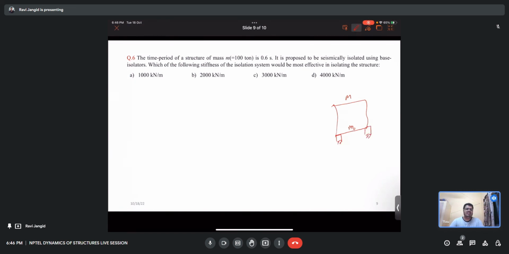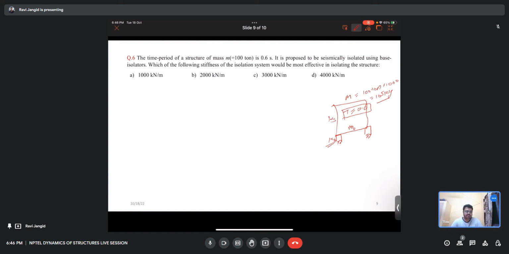The total mass of the superstructure, the combined mass, we can consider as m equal to 100 ton, multiplied by 1000, that gives 10 raised to power 5 kilogram. The time period of the structure is given as 0.6.